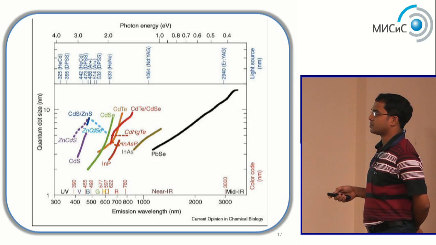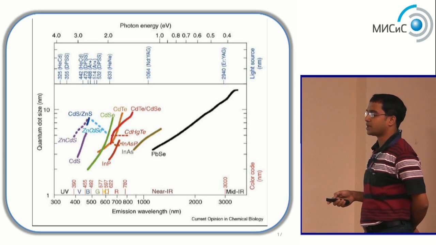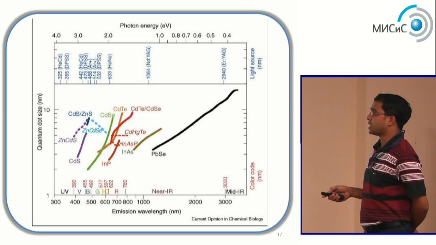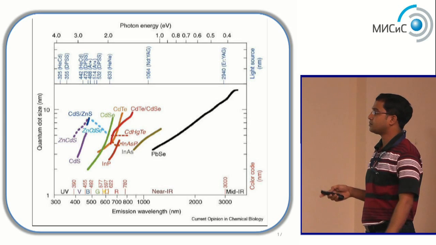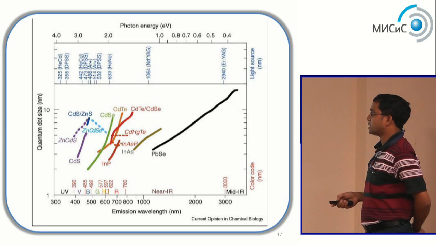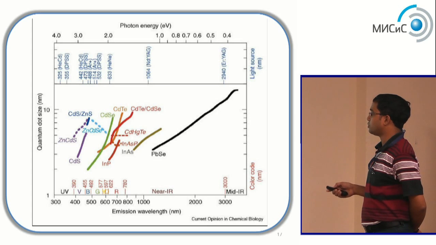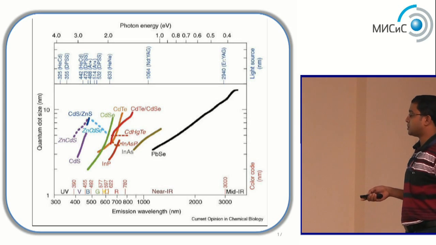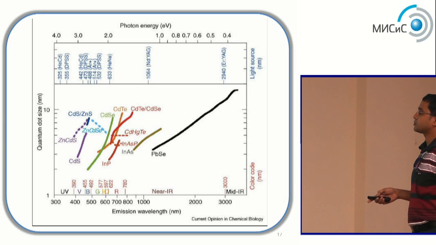But I'm not too interested in cadmium sulfide because it is very toxic, and cadmium selenide with a core of zinc sulfide. You can see the lead selenide covers the near infrared region to the mid infrared region, up to more than 3000 nanometer wavelength.